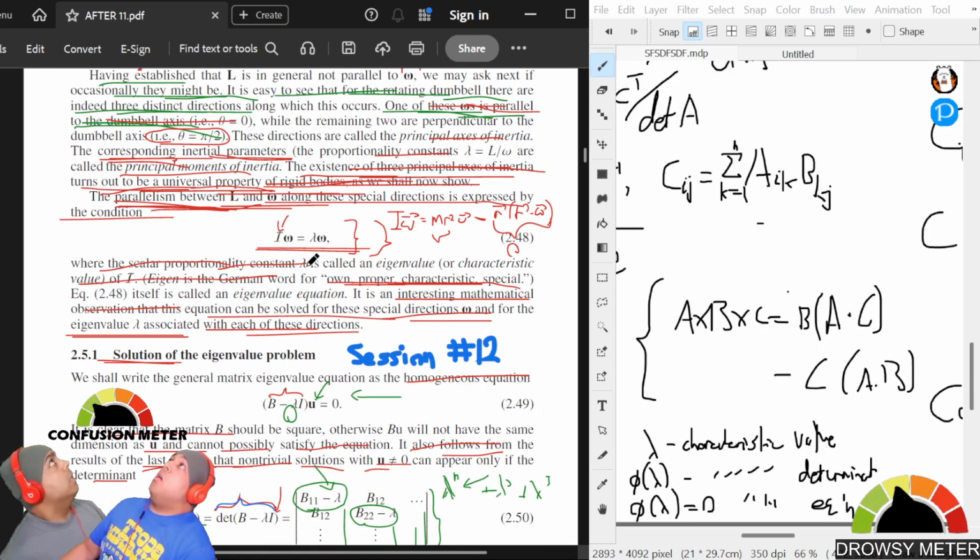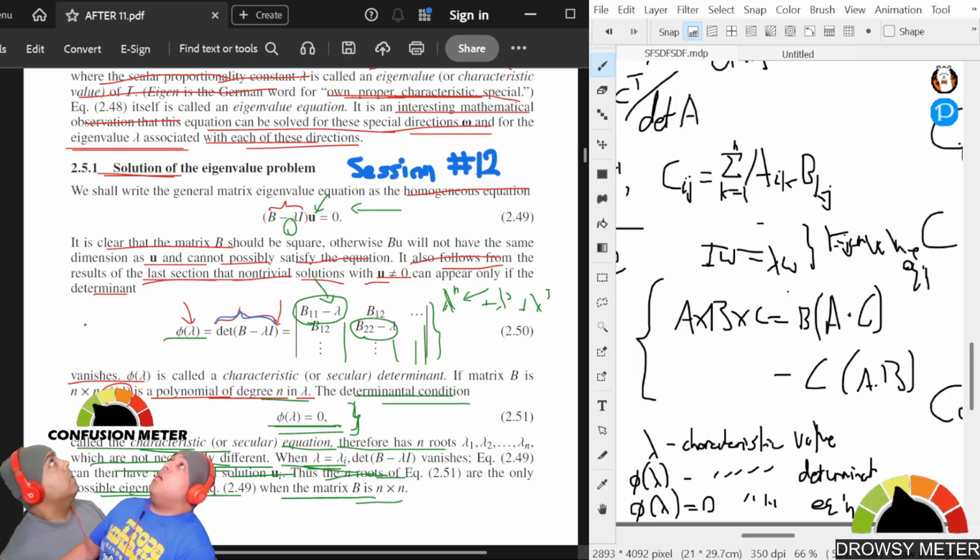Oh my god, this is the eigenvalue equation: I omega equals lambda omega. It's called an eigenvalue equation.